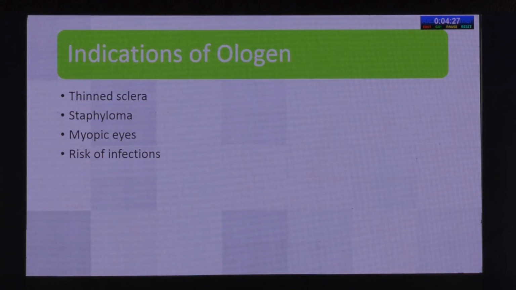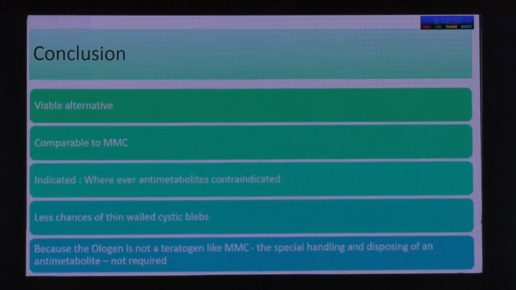So the question that arises in our mind is, if it is equivalent to mitomycin C, why are we discussing this new device? The indications are primarily in patients who have thin sclera, where we don't want to apply mitomycin C, which can further cause thinning, staphylomatous eye, myopic eye, and if there is too much risk of infection. In these cases, we do get added advantages of Ologen over mitomycin C.